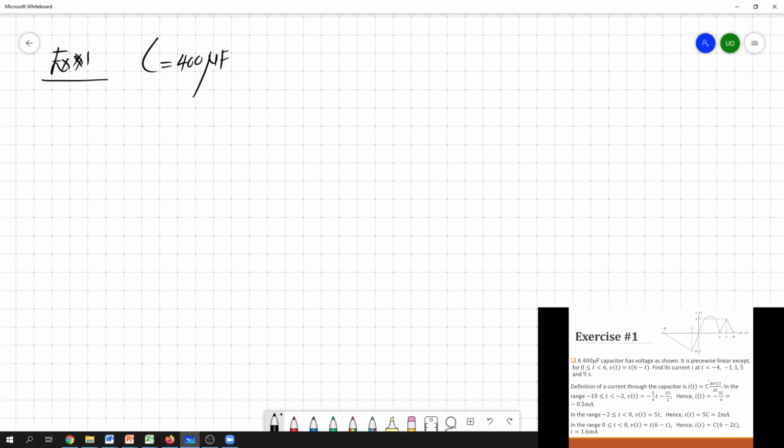Between minus 10 and minus 2 there's a linear trend with a negative gradient. Then from minus 2 seconds to 0 we have a positive gradient. Then we have a sinusoidal type function, and then triangular type behavior.